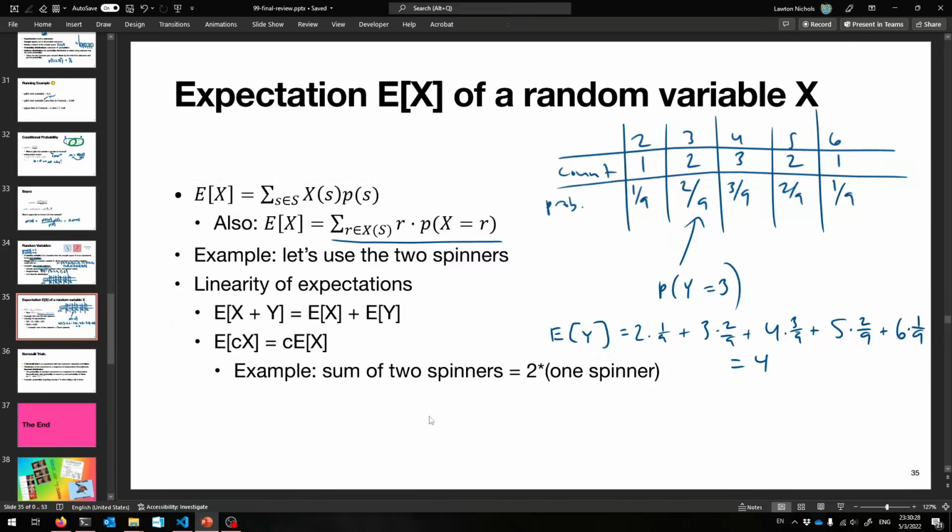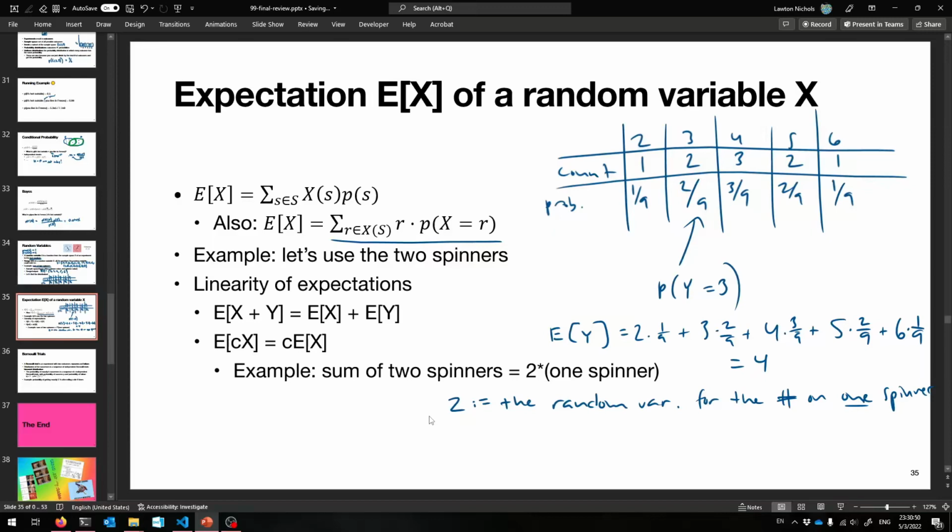So let's define the random variable z to be the random variable for the number on a single spinner. Okay? And then, what is the expected value of z? Well, here's the output of a single spinner, right? It's either 1, 2, or 3.